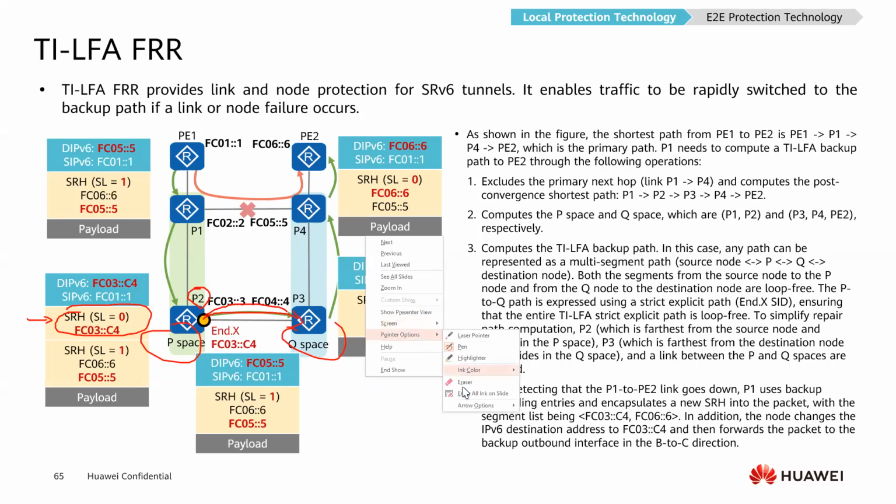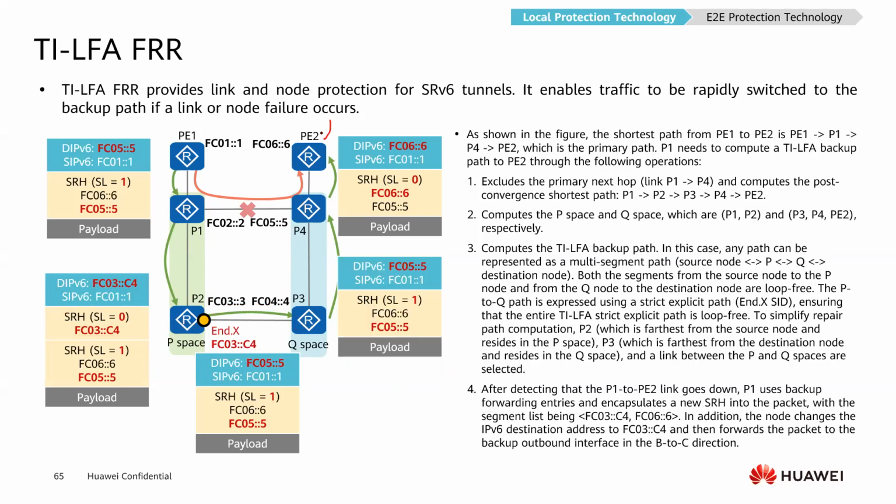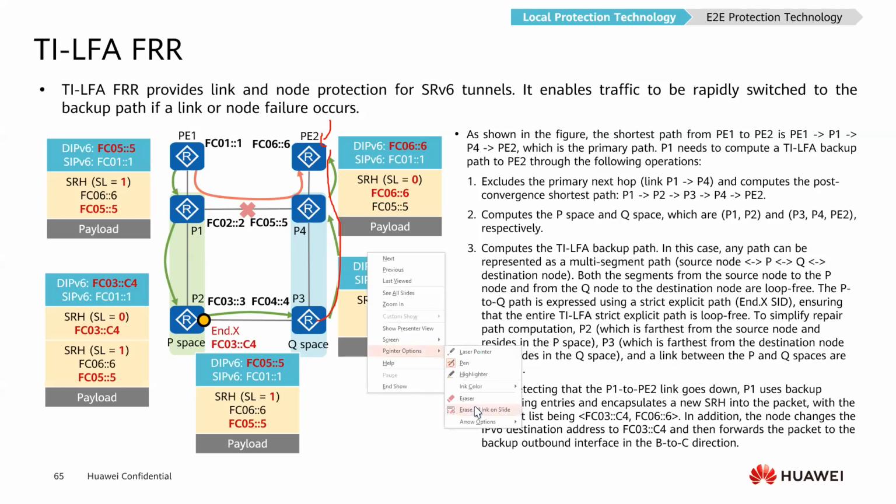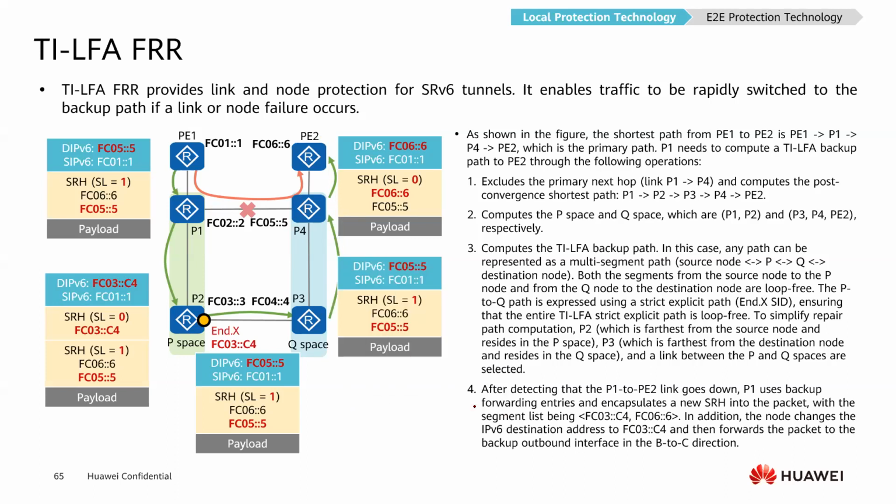And from Q space to the destination, definitely there will be no loop. So then P3 will just send the packet on to the destination. So this is how it's done. This is TI-LFA FRR. Any questions you can ask, by the way.